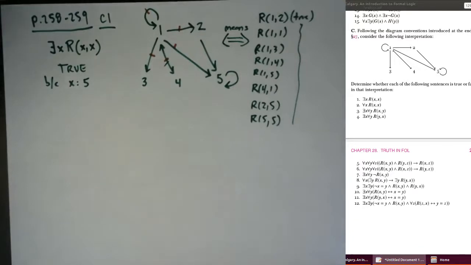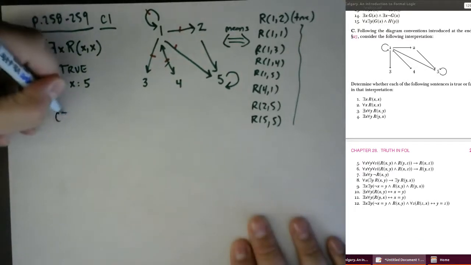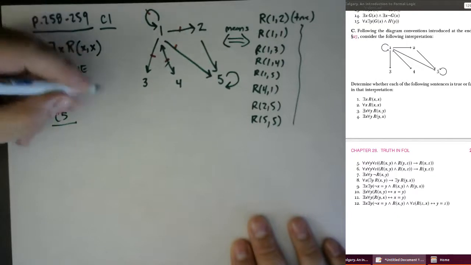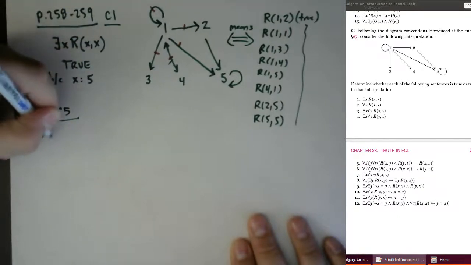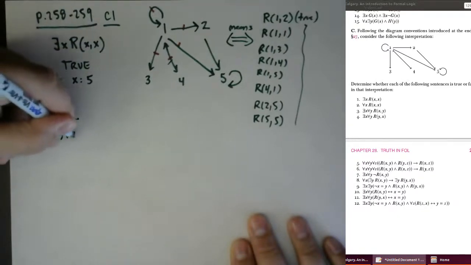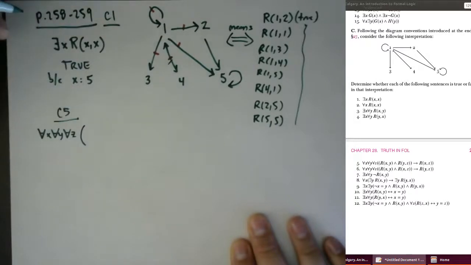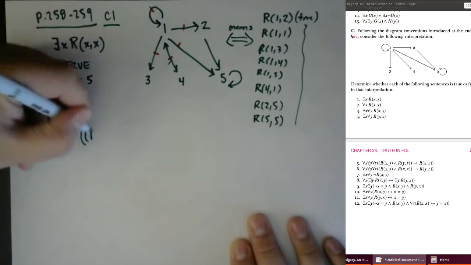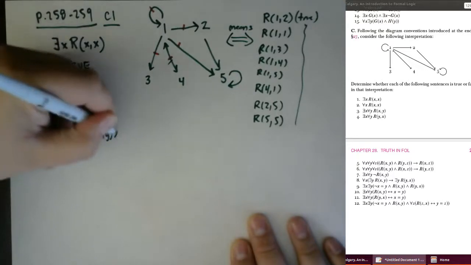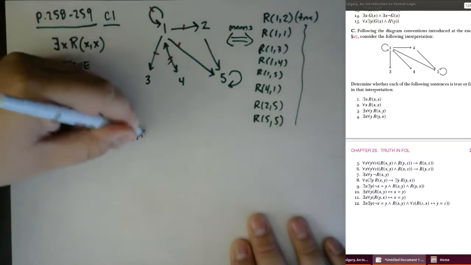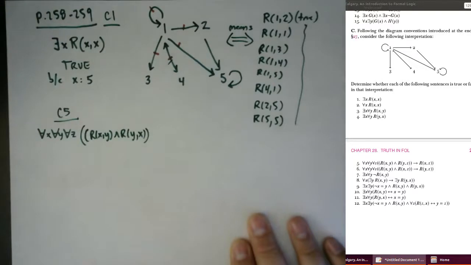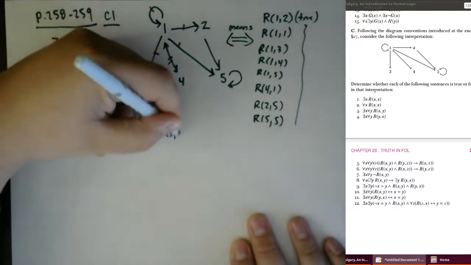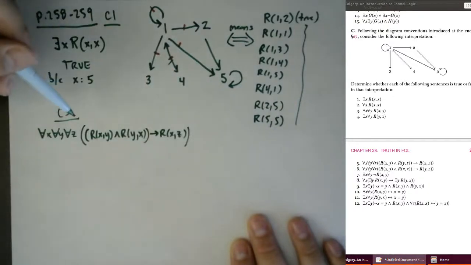Okay. Let's look at C5. C5 is for all X, for all Y, for all Z, and then it says RXY and RYX implies RXZ. Let's see, did I do the parentheses right?